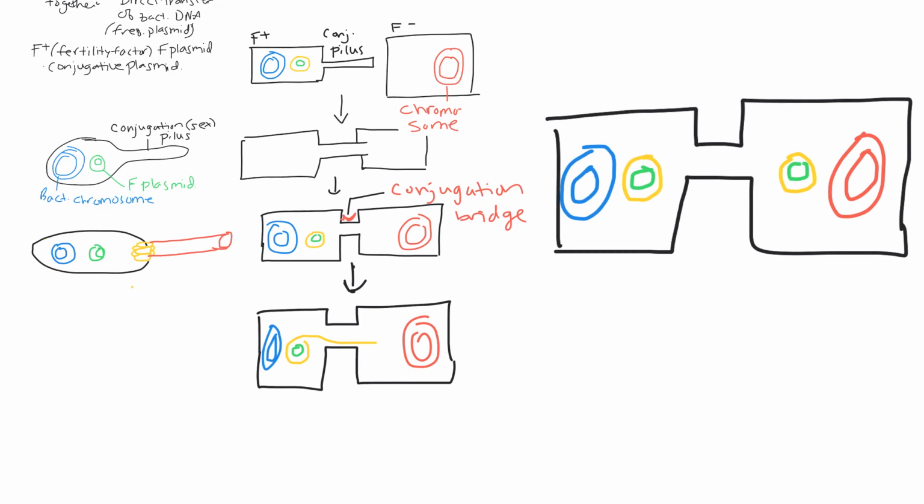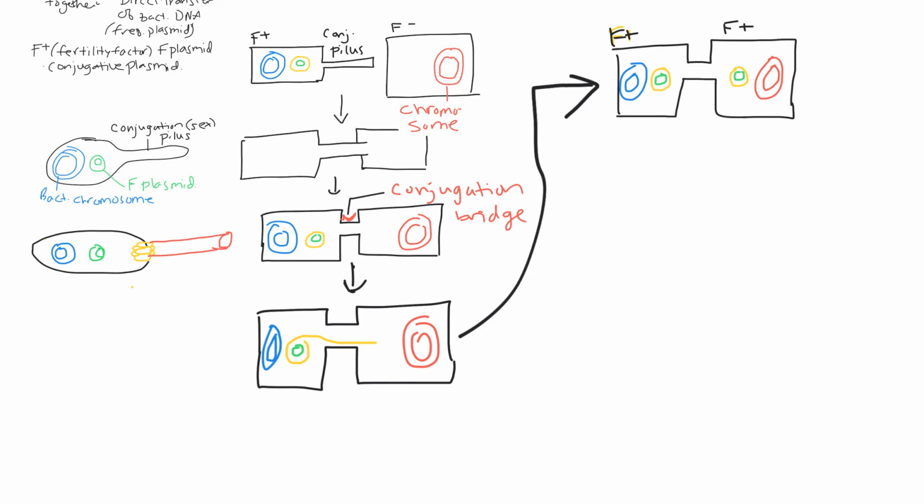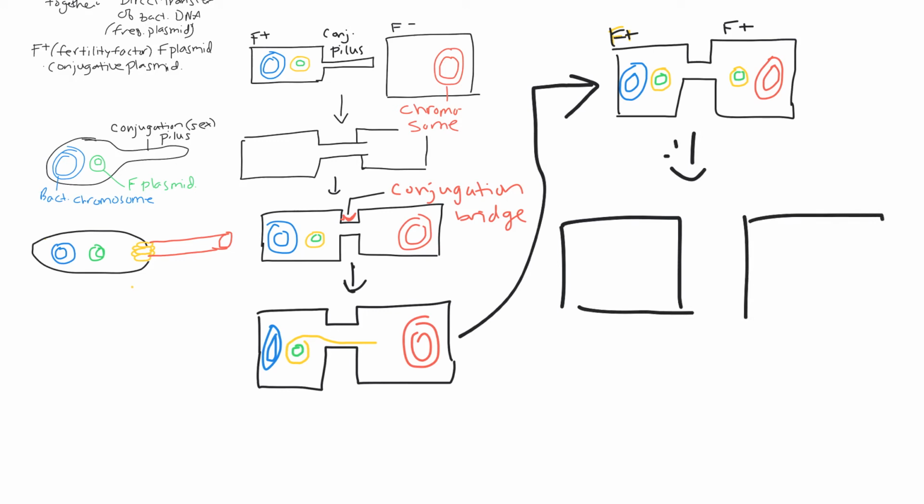Okay, and so now you have a plasmid, it's an F plasmid, and now you have another one in this cell. So now really you have the original F plus cell, and now you have a second F plus cell. So then those two cells will release that conjugation bridge, and now there'll be two separate cells. Each of those actually has the ability now to make its own pilus.